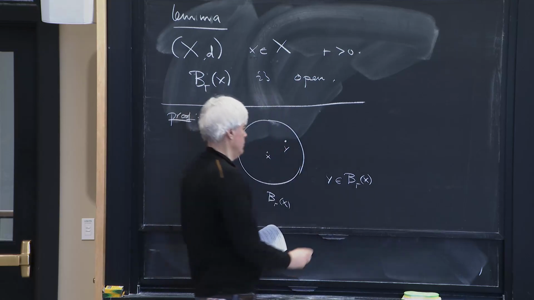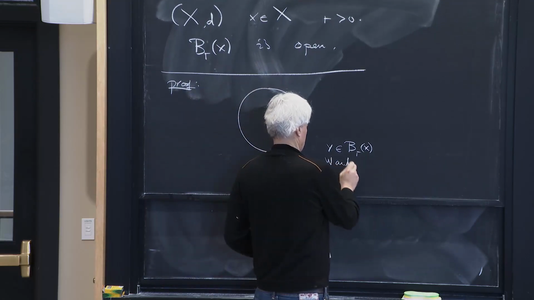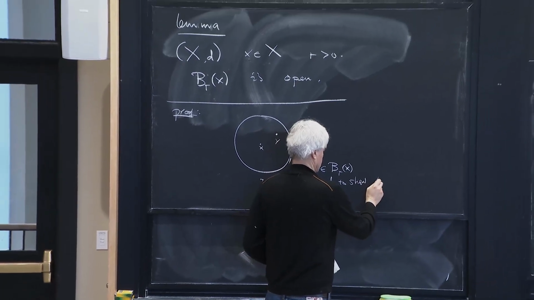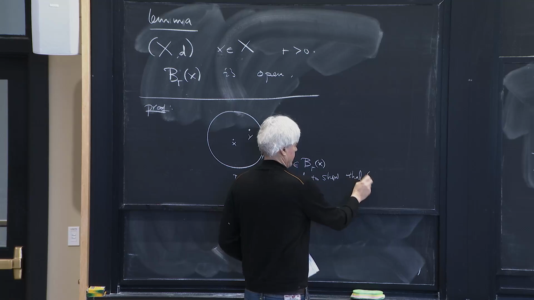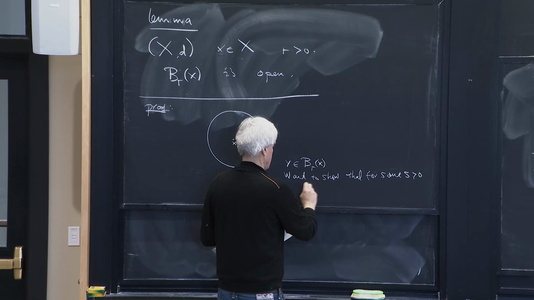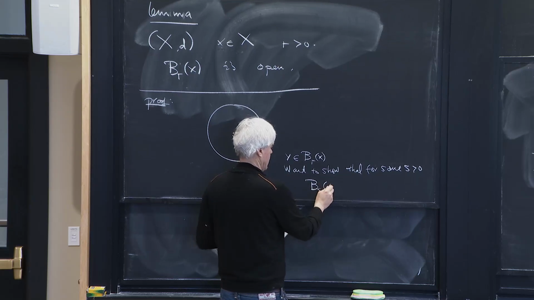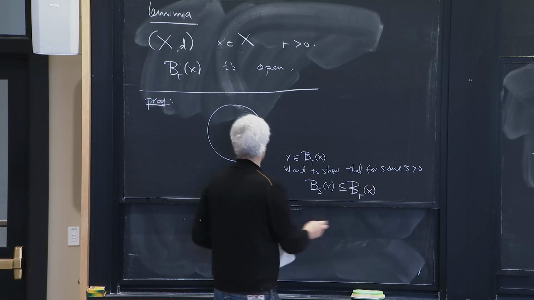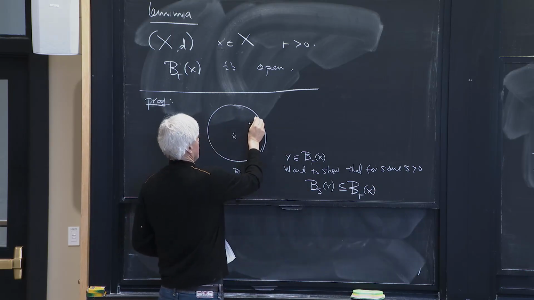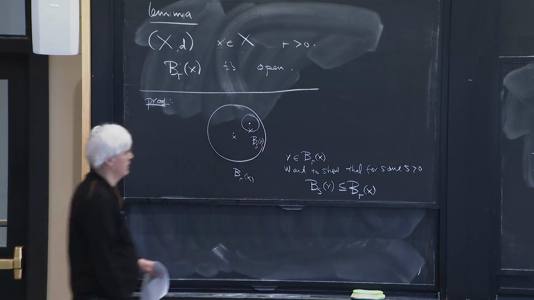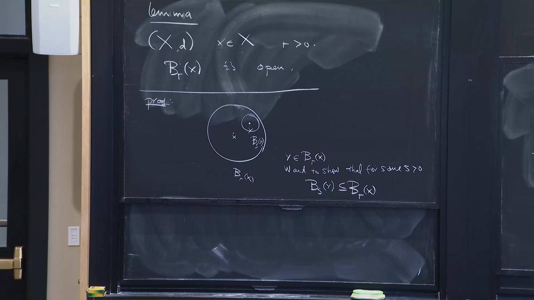Then we want to show that there exists some s bigger than 0 such that the ball of radius s around y is contained in this ball here. So here you have y, and we want to prove that there's some little ball around y that is contained in the original ball, right?